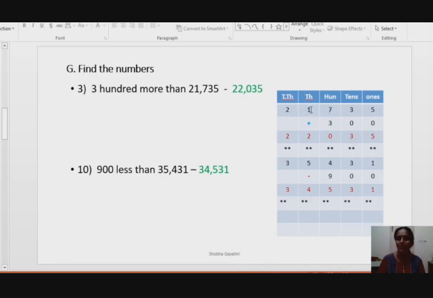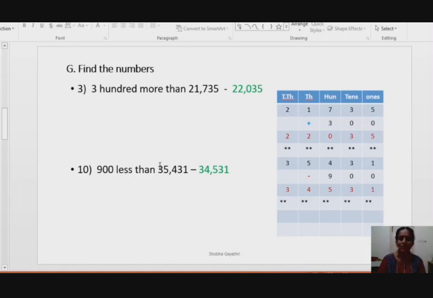Here you have to add 1, 1 plus 1, 2. 22,035 is the answer.